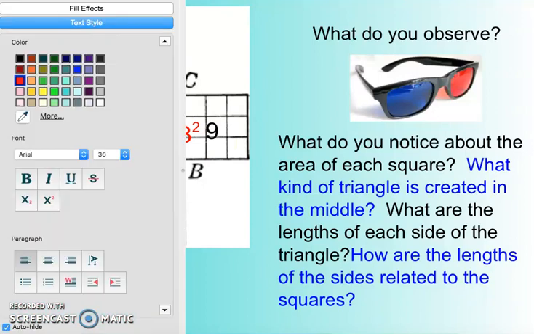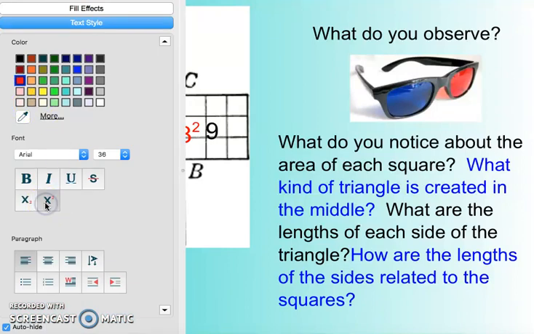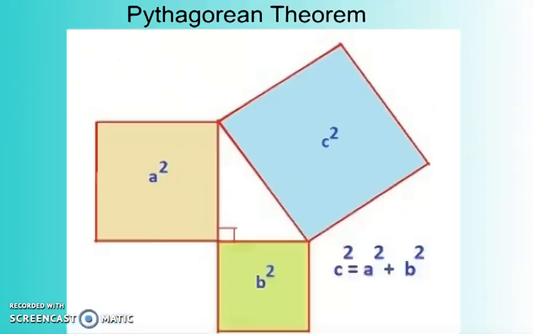If I take this 4 and I square it, do I get 16? Absolutely. If I take this 5 and I square it, will I also get 25? Yes. Nice job. And actually, this diagram shows us the Pythagorean theorem.